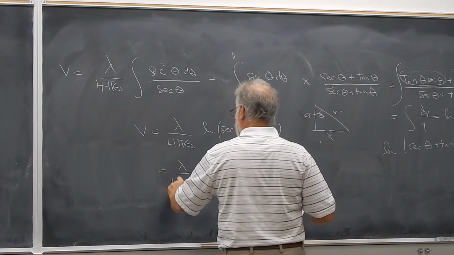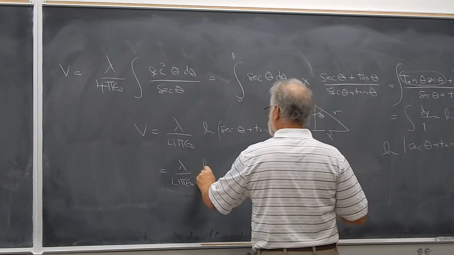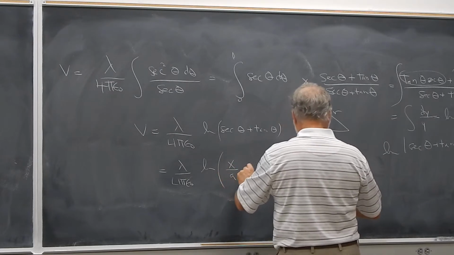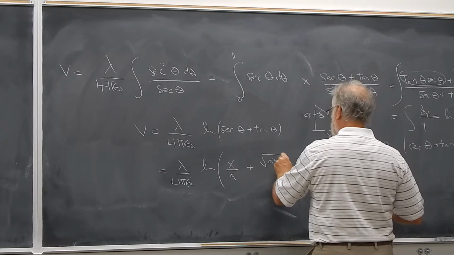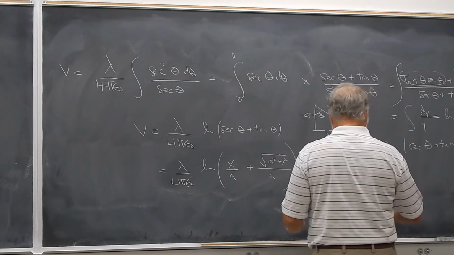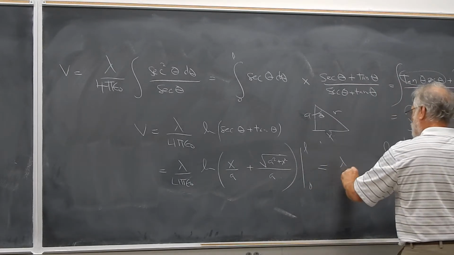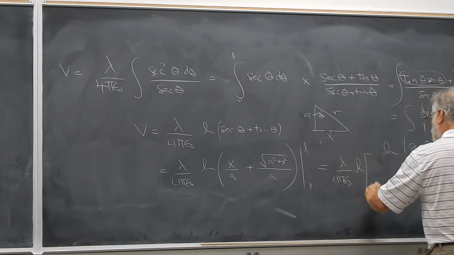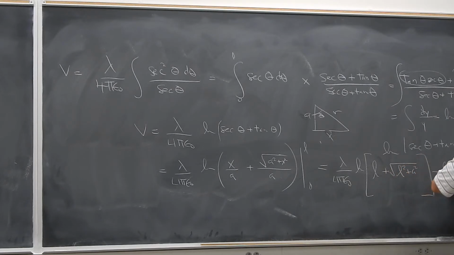So I can write my answer as lambda over 4 pi epsilon naught times the log of (x over a plus square root of a squared plus x squared over a), evaluated between 0 and L, which gives me lambda over 4 pi epsilon naught times the log of L plus square root L squared plus a squared, minus the log of a.